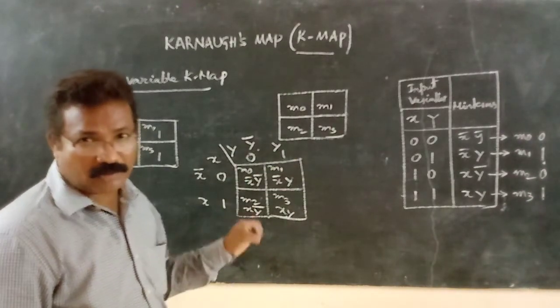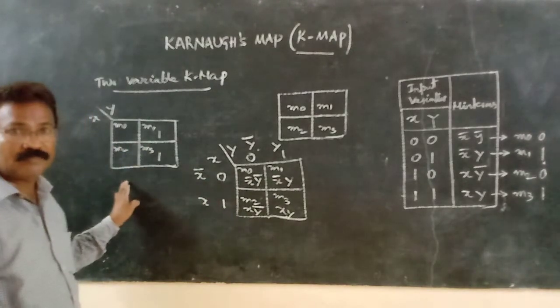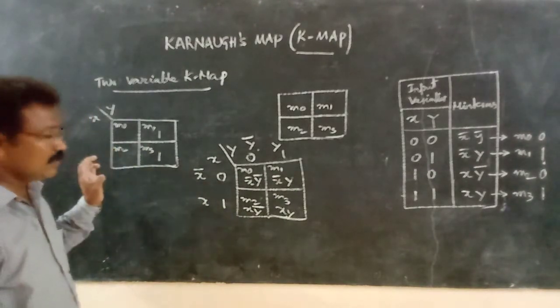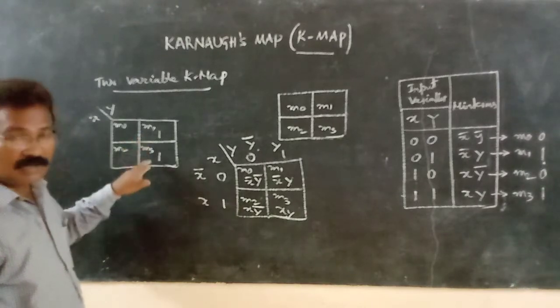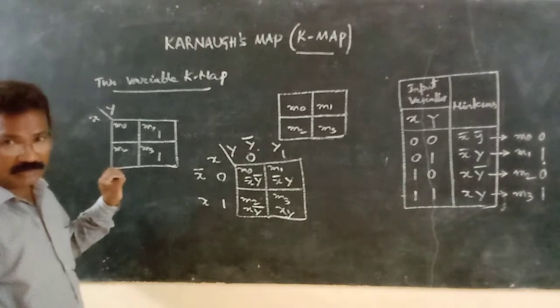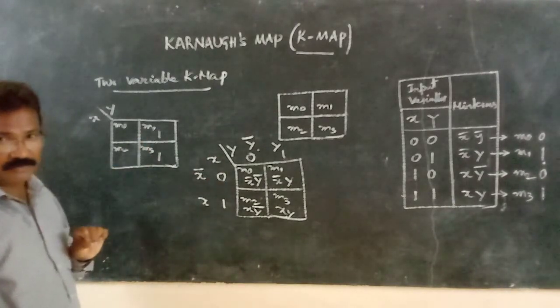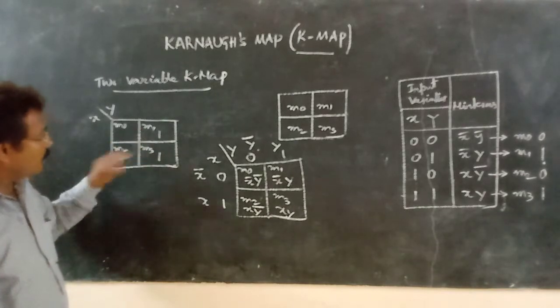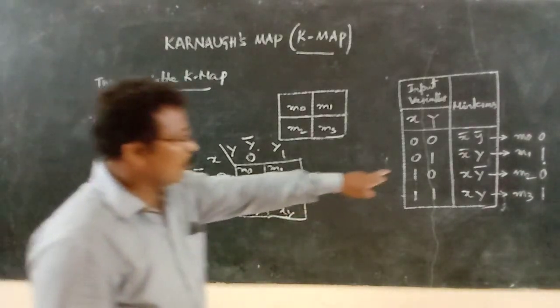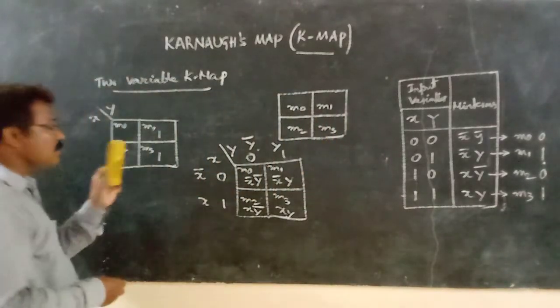While writing the product terms, you do not need to specify the zeros. Whatever ones occurred at the output side, you have to take as min-terms: m1 and m3. So m1 is 1 and m3 is 1.